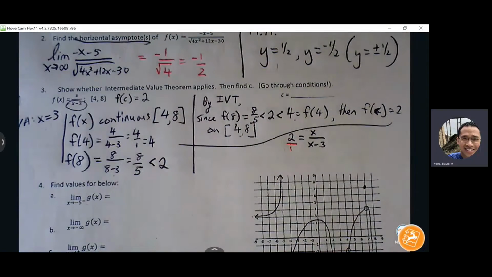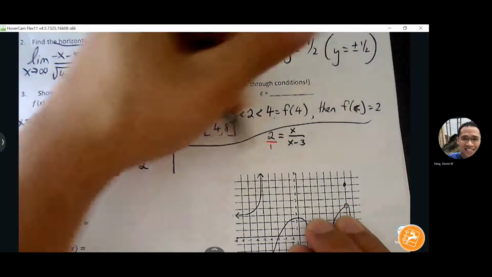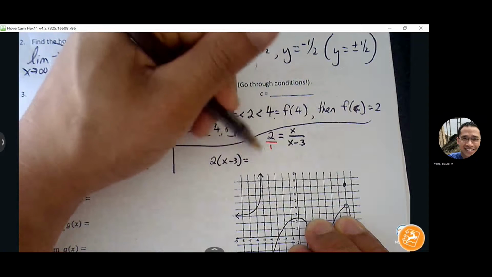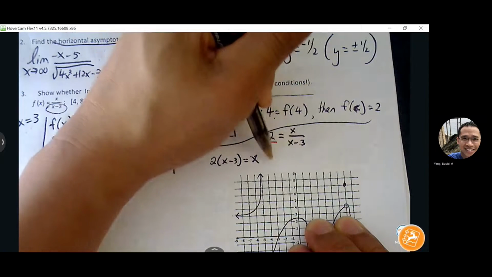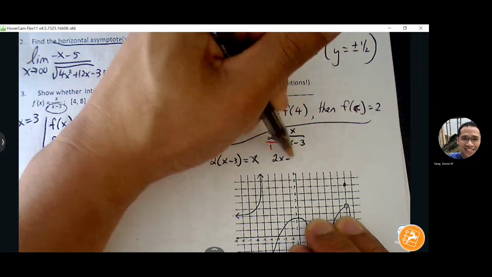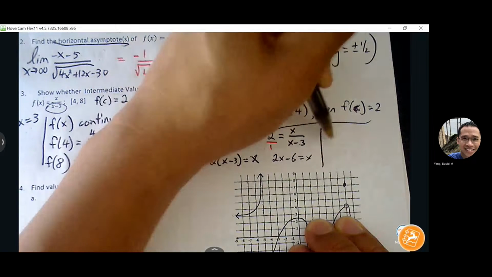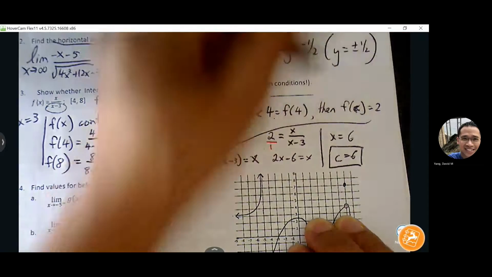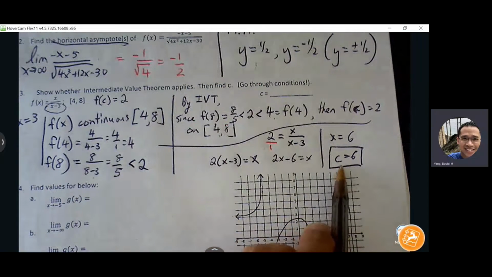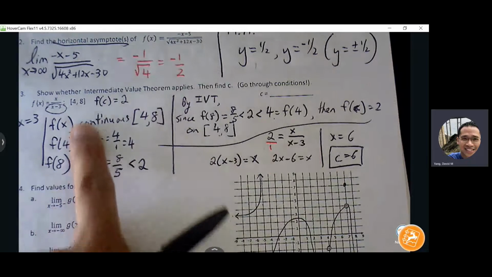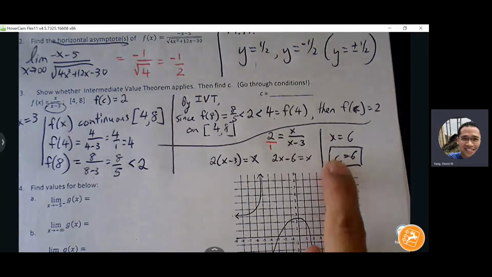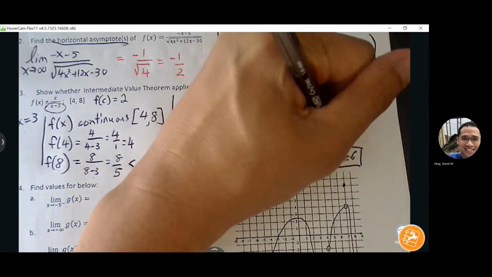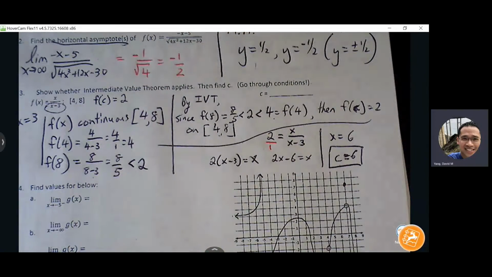Cross multiply to get rid of the fraction. That x value should land nicely between 4 and 8, and it does. So that should confirm we're guaranteed, we shouldn't be getting a c value that's outside the interval.